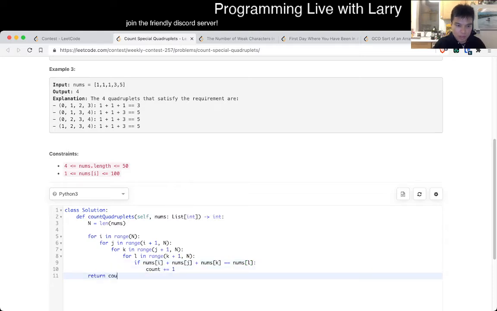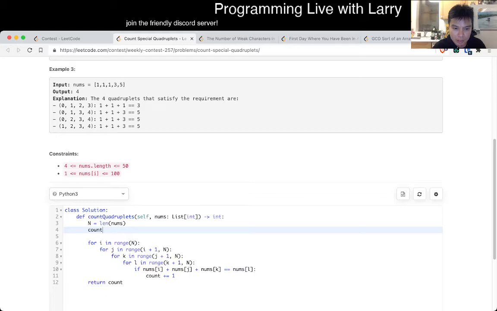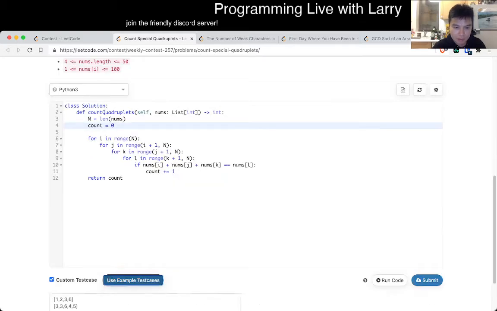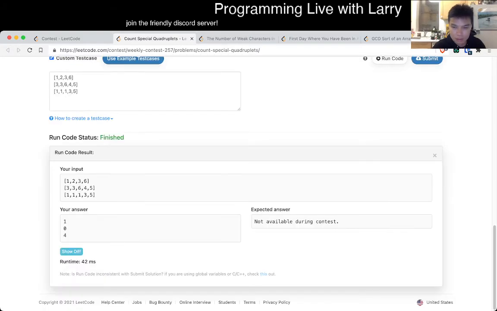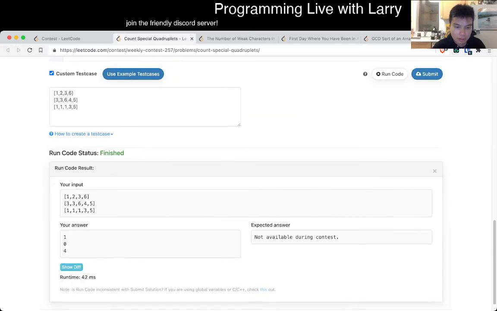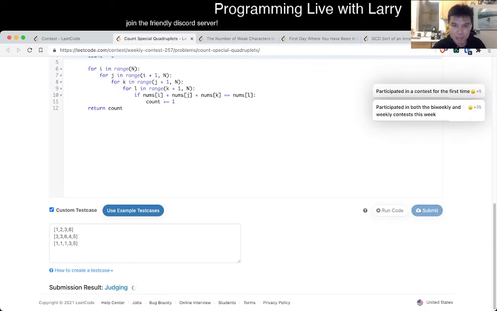We'll see if this is fast enough, because if this wasn't easy, I would maybe not try it. But N is 50, so let's give it a go. If this hits the time limit, I'll be a little sad though.